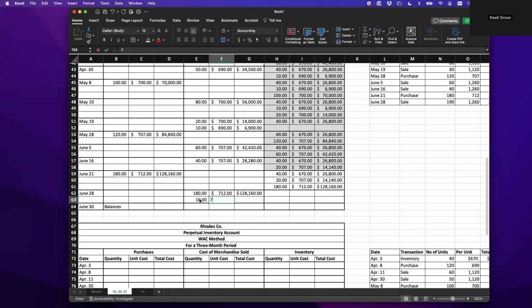So 10, 707. We still have 40 that cost 670. But now instead of 20 that cost 707, we have 10 that cost 707. And none of the ones that cost 712 because they've all been sold. Balances, again, we're going to sum.